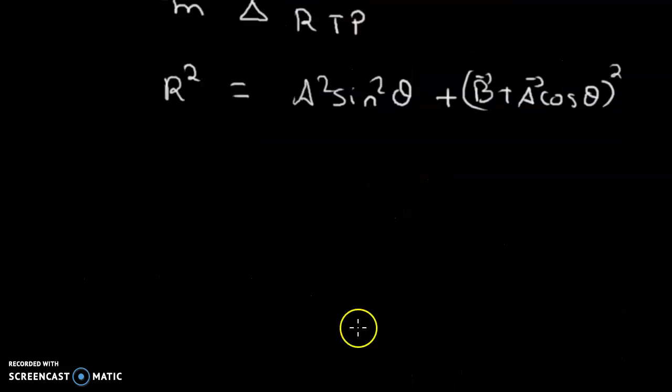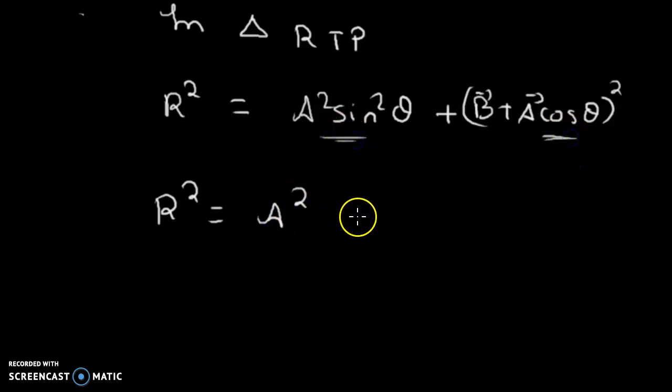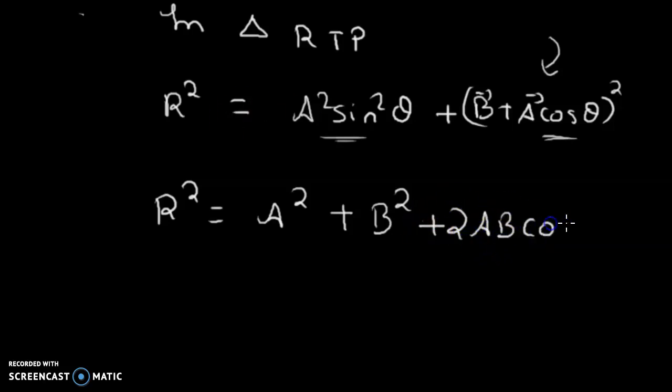Now let's talk over this. This would become R square equals A square sine square theta. You can put this together. Then B square, you can open this bracket as well, plus 2AB cos theta.